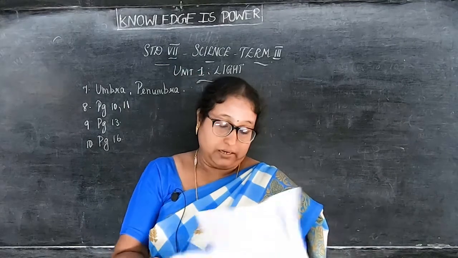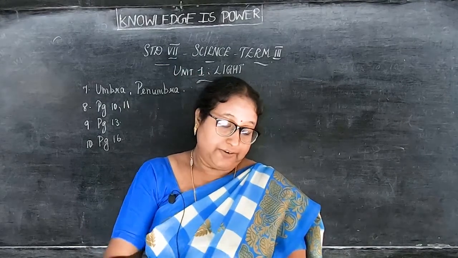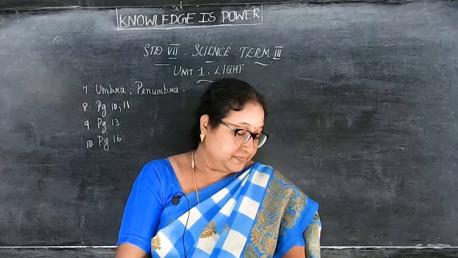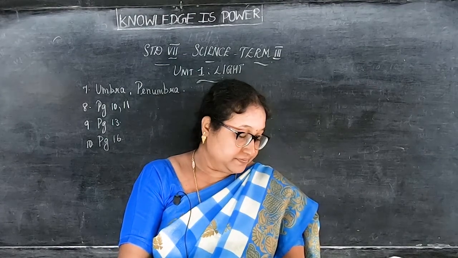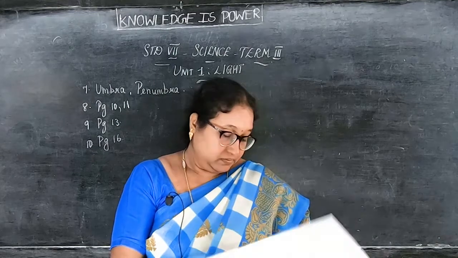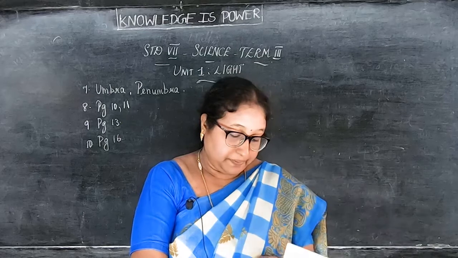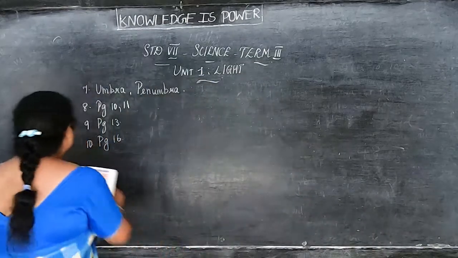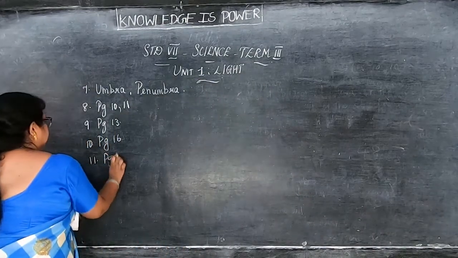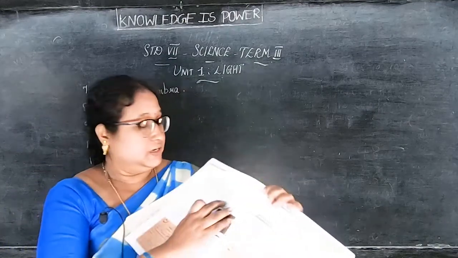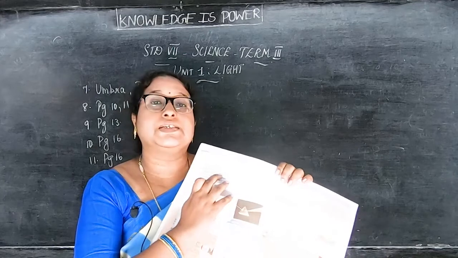Okay. Then, 11th, what do you mean by visible light? Page number 16. Same page number 16. You see on the left side, first para, children. In that, see the third line, visible.